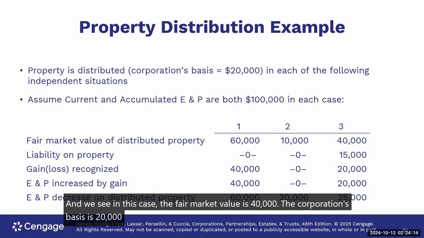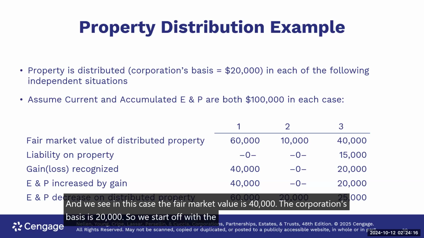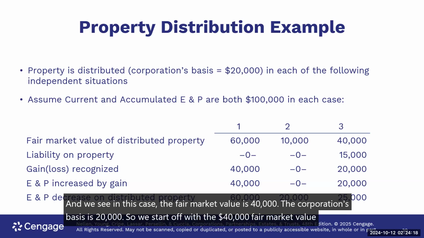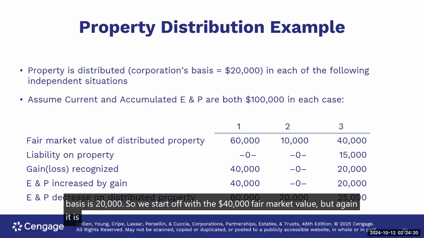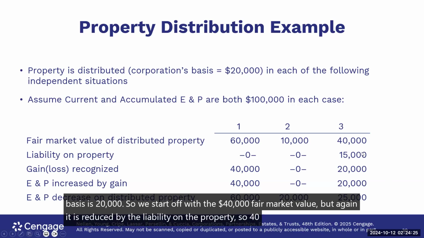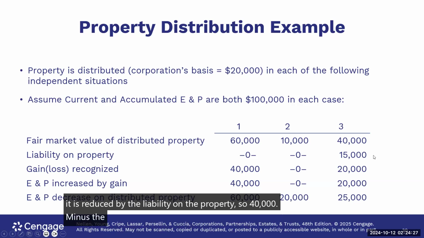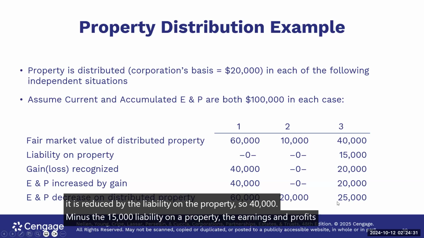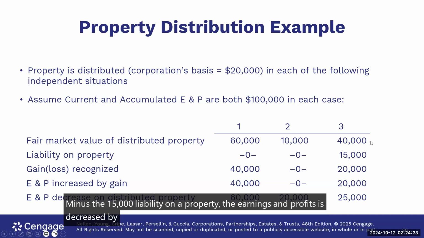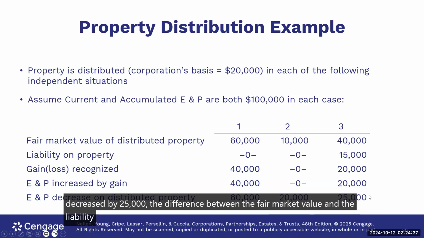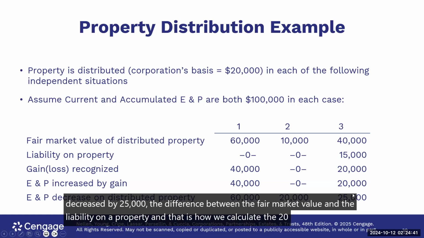So we start off with the $40,000 fair market value, but again, it is reduced by the liability on the property. So 40,000 minus the 15,000 liability on the property, the earnings and profits is decreased by 25,000, the difference between the fair market value and the liability on the property. And that is how we calculate the 25,000.